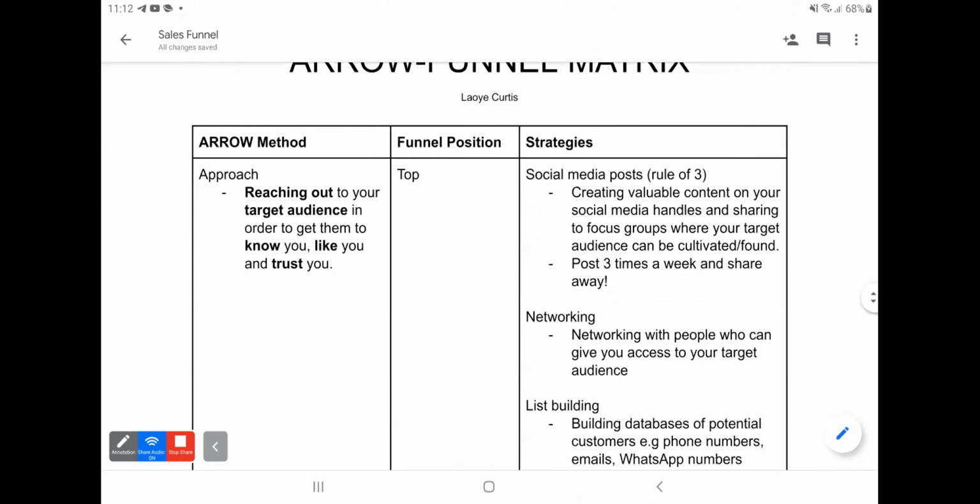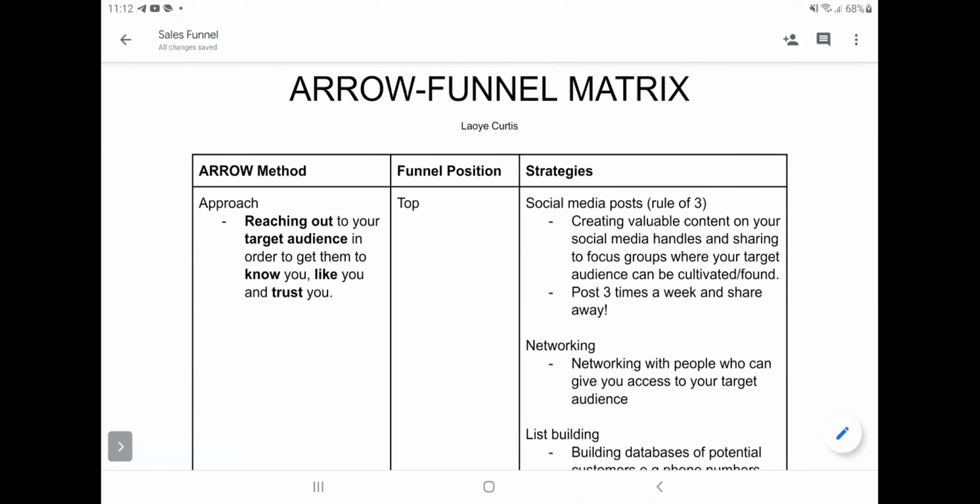You want to network with people in order to attract the right kind of customers to you. When you go out networking, when you ask your friends to network with their friends and associates at their workplaces, you need to also drive these people that you have networked with to your social media handles.